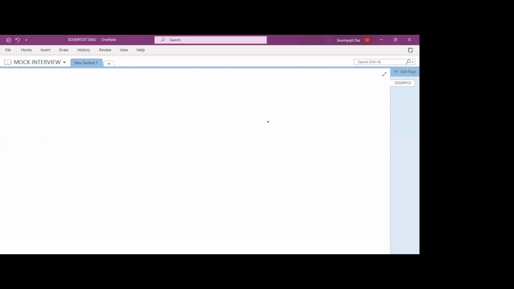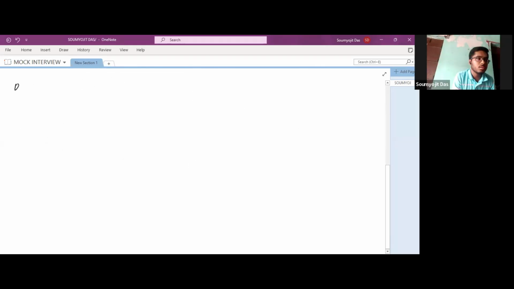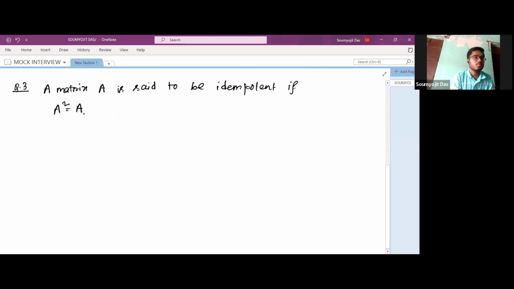My next question is, do you know what idempotent matrices are? Yes, sir. Write the definition. The definition, and A has to be a square matrix.